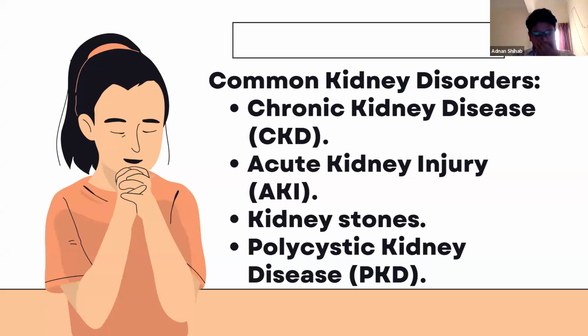Acute kidney injury is when it comes suddenly, without even having any symptoms. Then kidney stones are when the kidney can't filter the waste, it stays there and forms stone-type deposits.